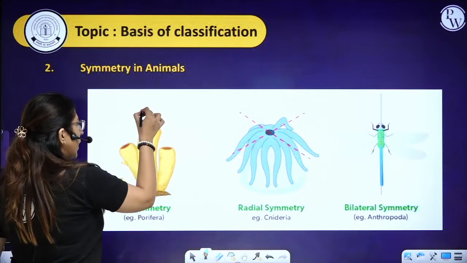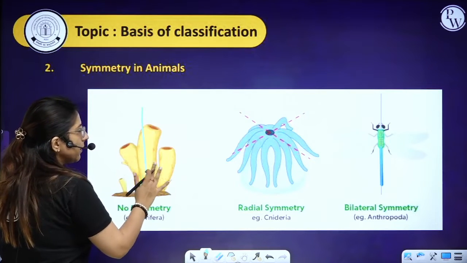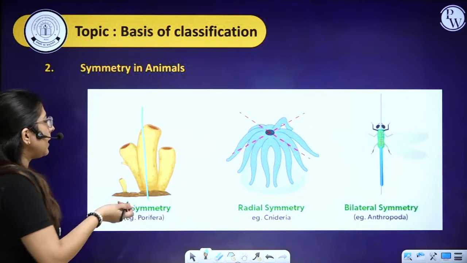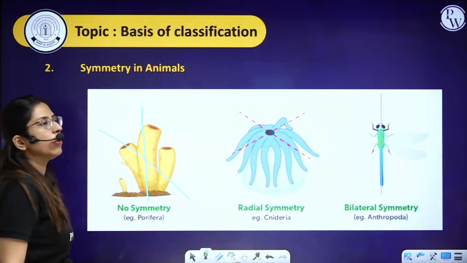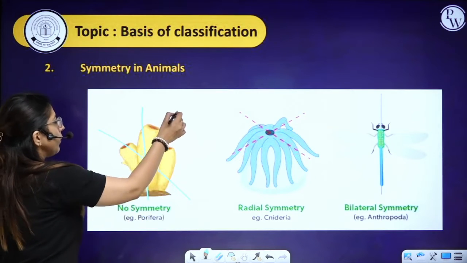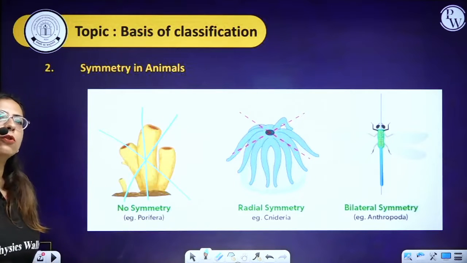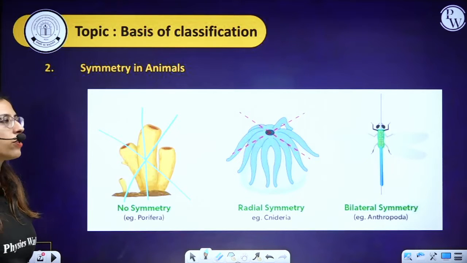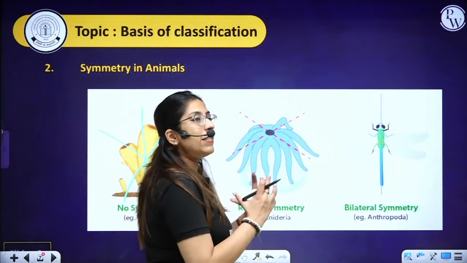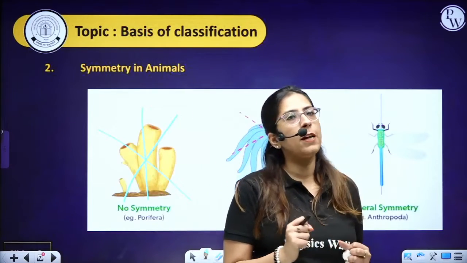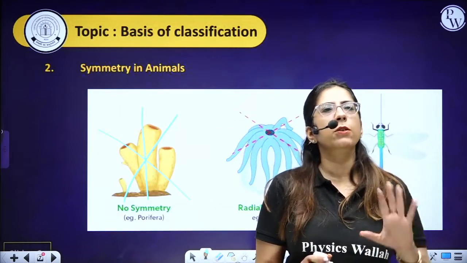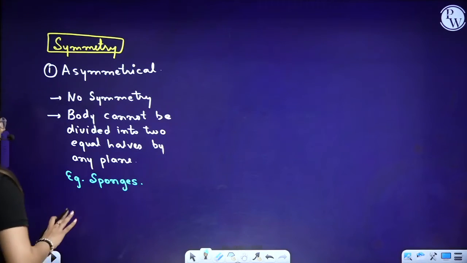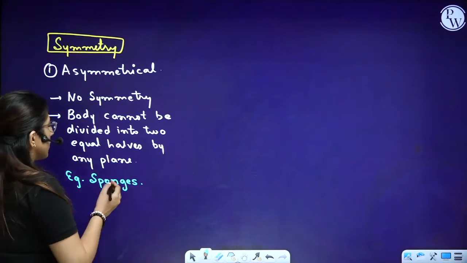If you cut the organism from here, will you get two equal halves? No. If you cut like this, will you get two equal halves? No. So this is termed as asymmetry or asymmetrical organism. If I'm talking about a group and I say asymmetrical, that means they do not have any kind of symmetry. Buddies, clear? The examples are the sponges.